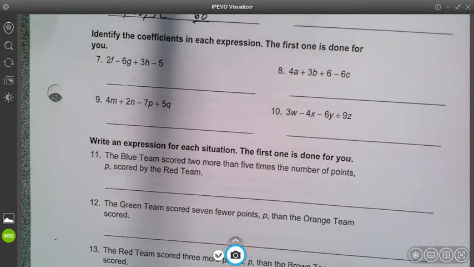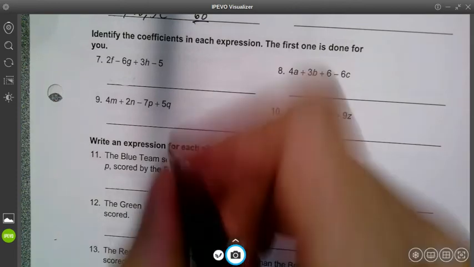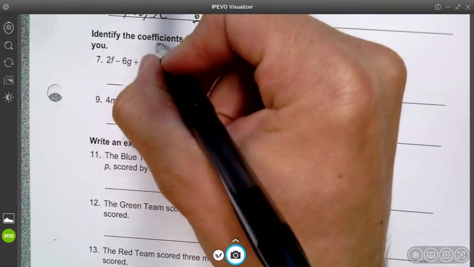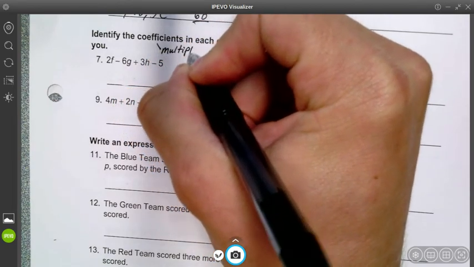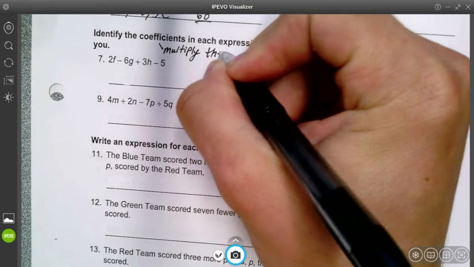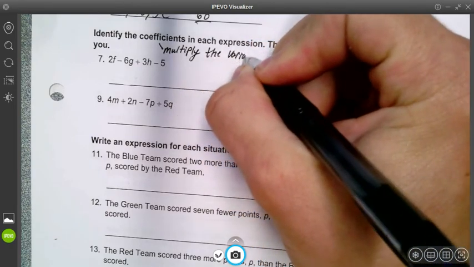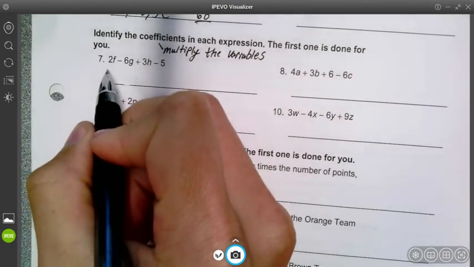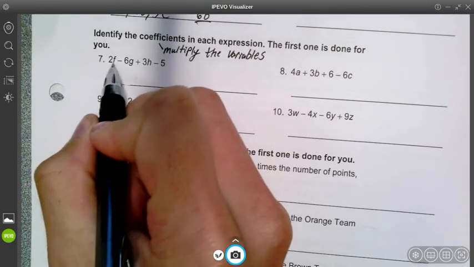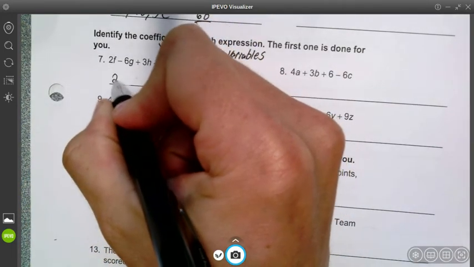Number 7 says identify the coefficients, not the terms now. So we're talking about the coefficients. And now the coefficients are the numbers in front of the variable. Okay, so we're multiplying our variables. They multiply the variable. So if I look at this first term here, this 2f, the coefficient is 2.